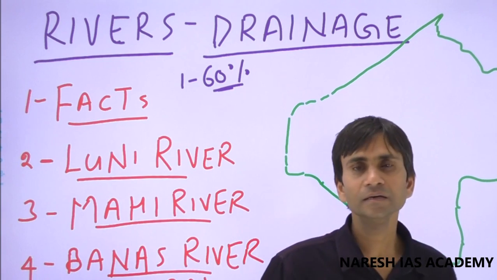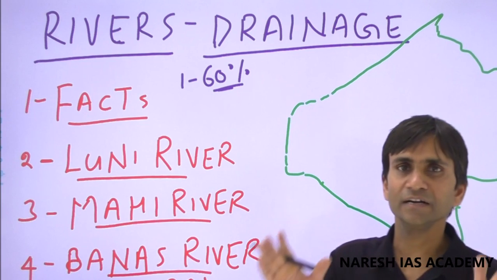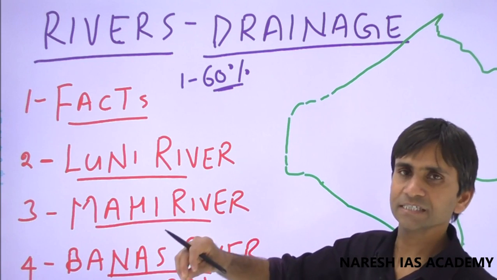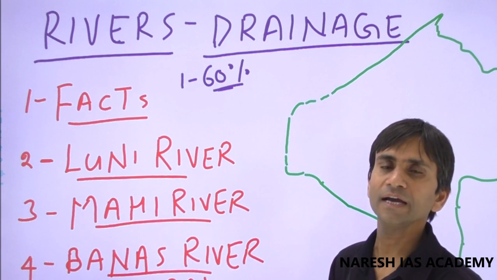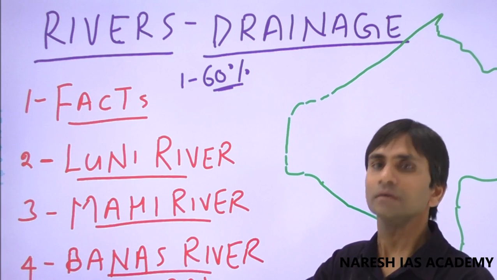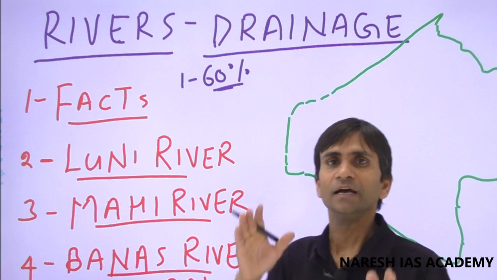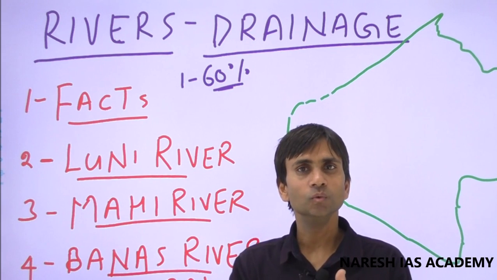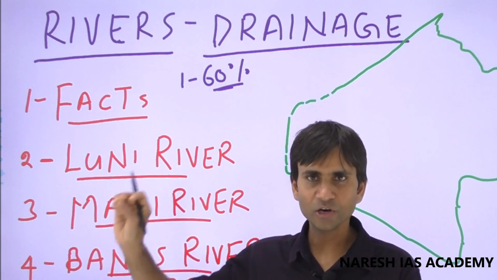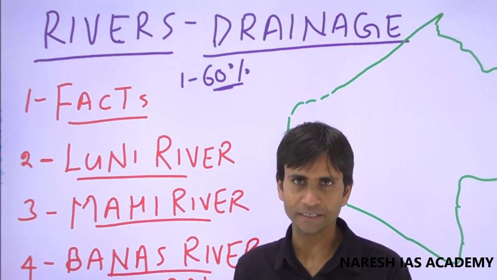It means 60% of rivers originate in Rajasthan and end within the boundary of Rajasthan, and these rivers never empty into any river in the Bay of Bengal or Arabian Sea.